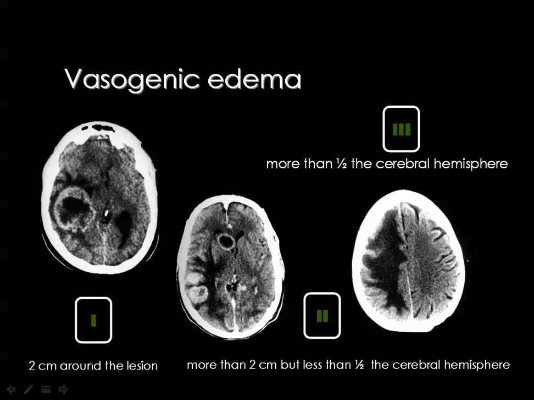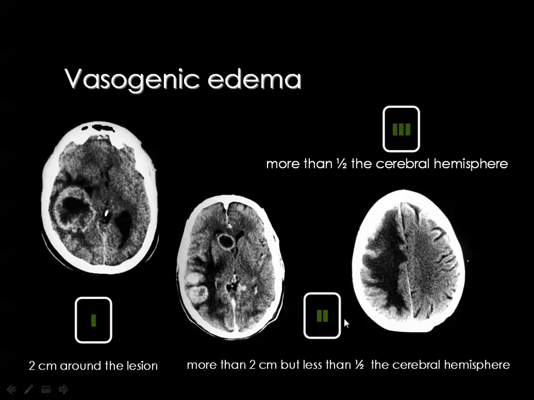Then the vasogenic edema, which is the finger-like edema, is classified into three grades or categories. Grade 1 is a zone of hypodensity in the range of 2 centimeters around the tumor edge.